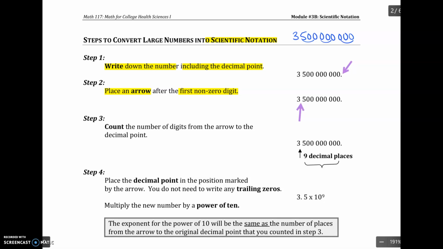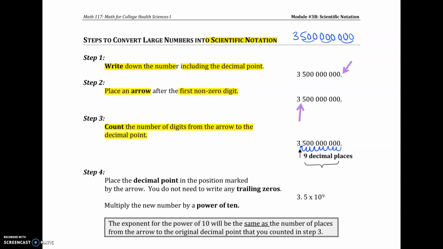And then we will count the number of digits from the arrow to the decimal point. I actually move my decimal and physically go like this: 1, 2, 3, 4, 5, 6, 7, 8, 9. Sometimes I write my number out really nicely spaced out so that I can physically see the number of places it's moving.